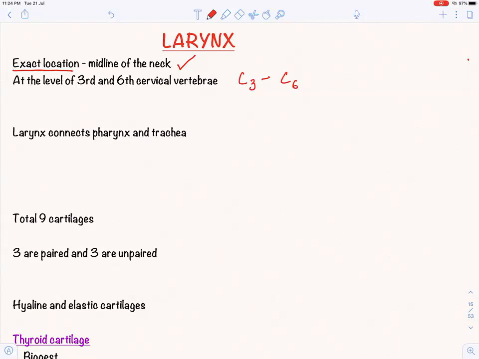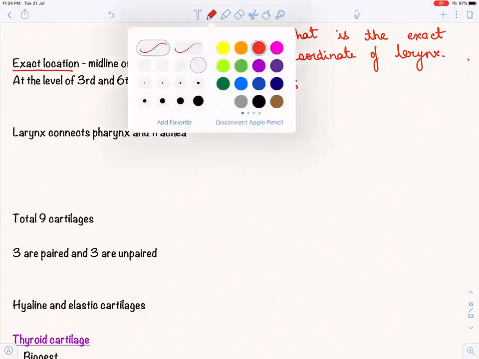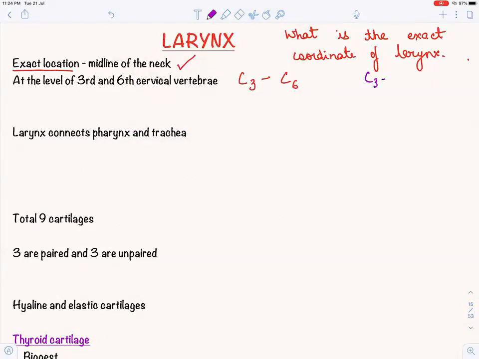So if the question comes, what is the exact coordinate of the larynx? Now you know: 3, 6, the third and sixth cervical vertebrae. The larynx connects the pharynx and trachea.